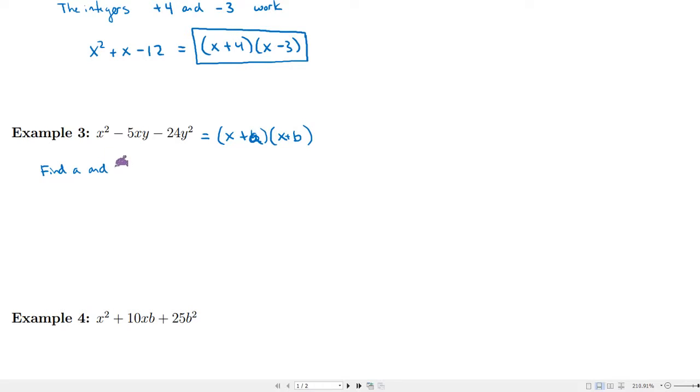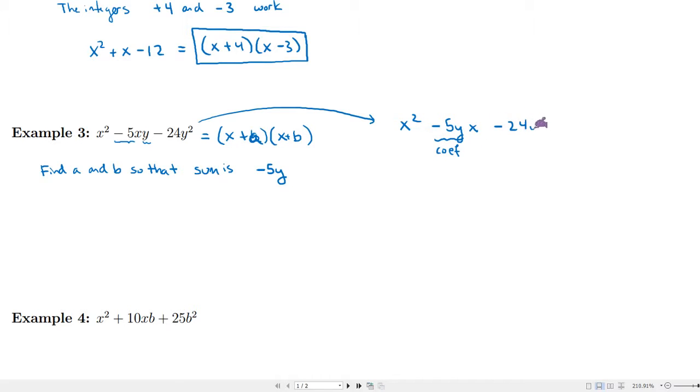a and b so that their sum is negative 5y. That would actually be the coefficient of x, right? So rewriting this as x squared minus 5y times x, so this is the coefficient, and minus 24y squared, that's the constant term.